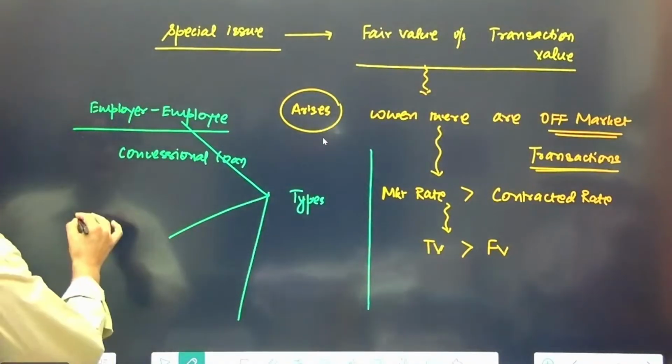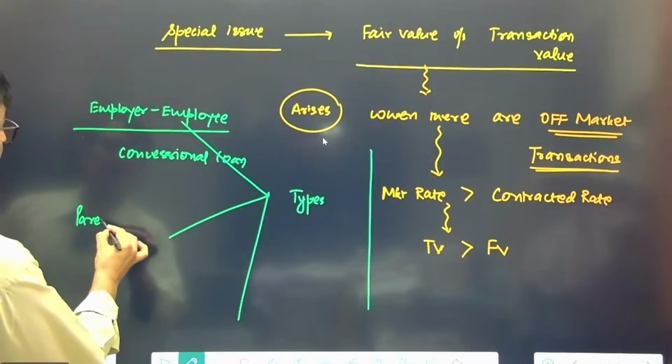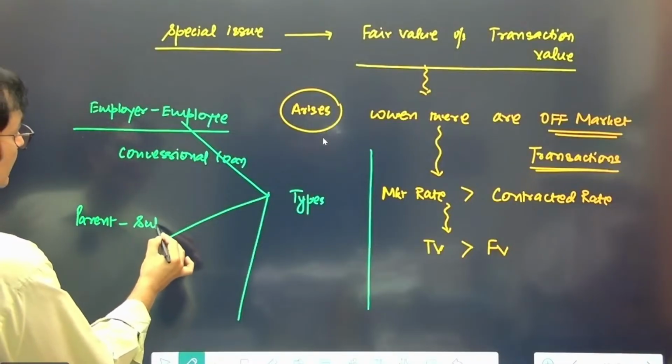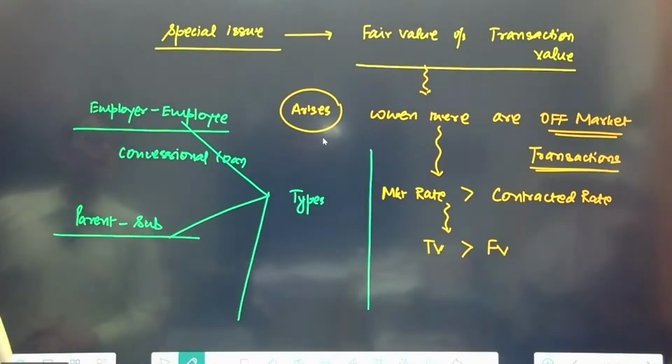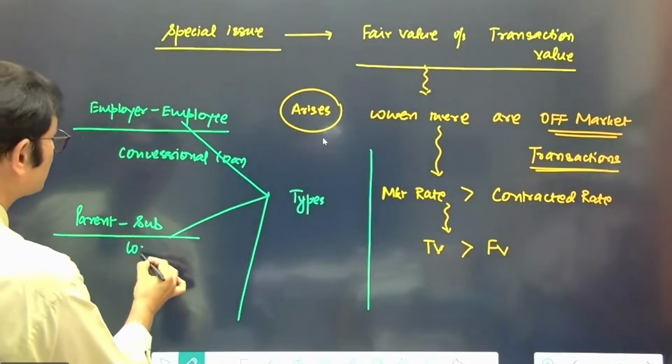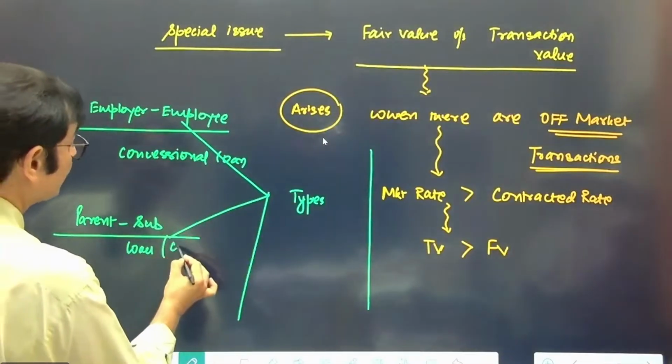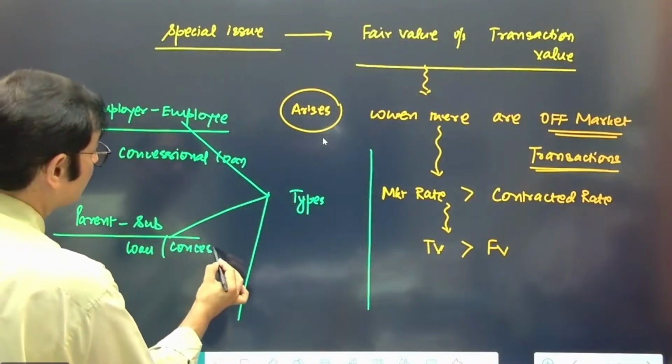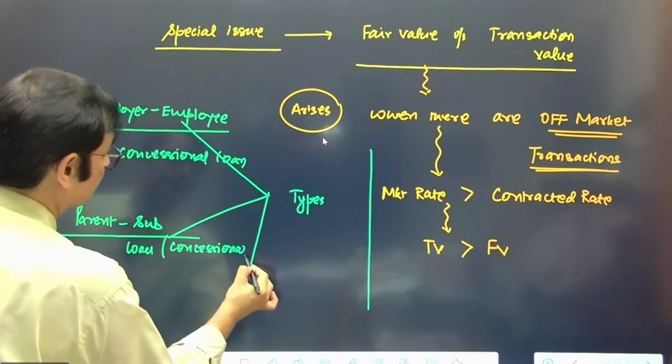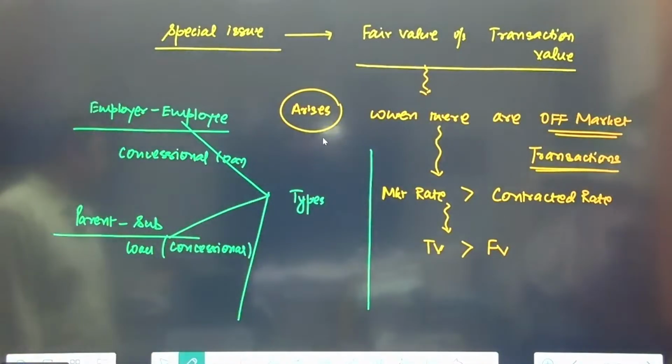The second could be a parent-subsidiary relationship. That would again be a concession kind of loan, maybe a concession loan between the parent and the subsidiary. That would be an off-market transaction.